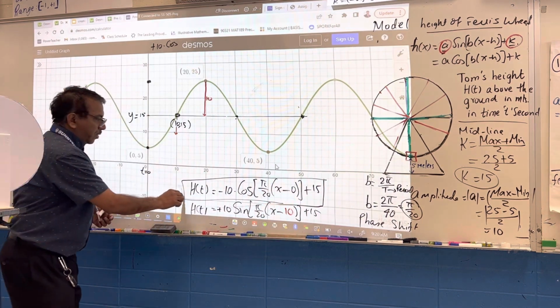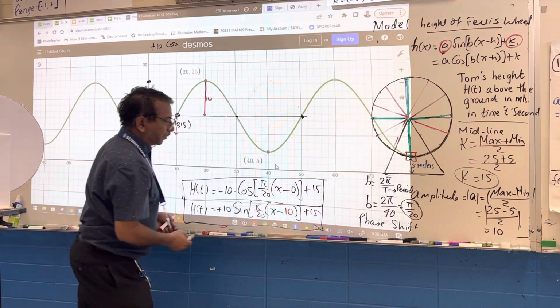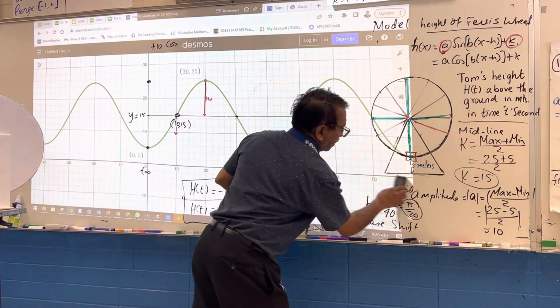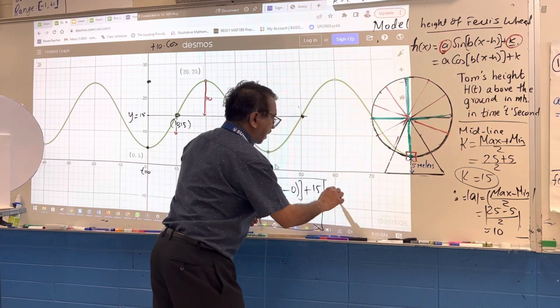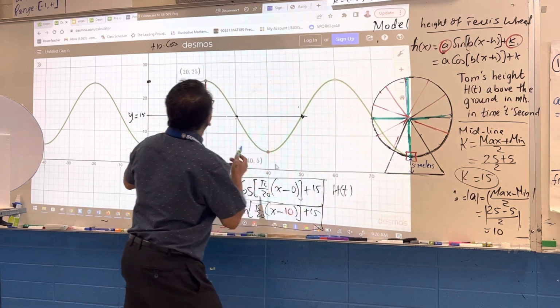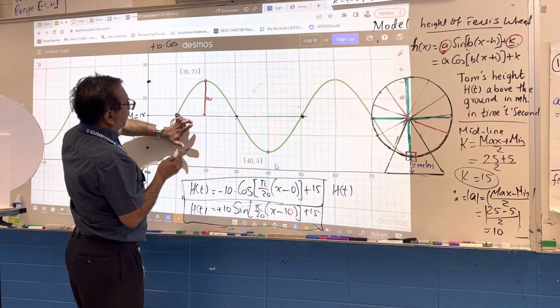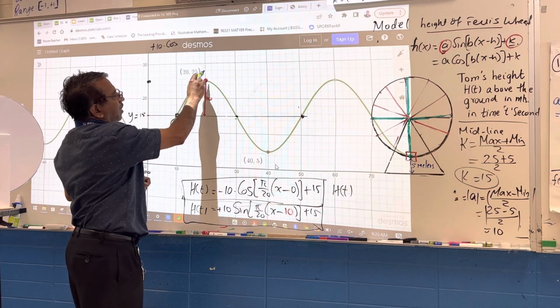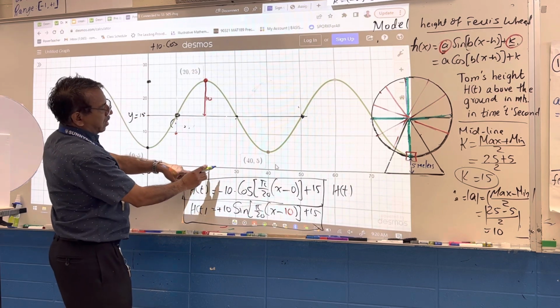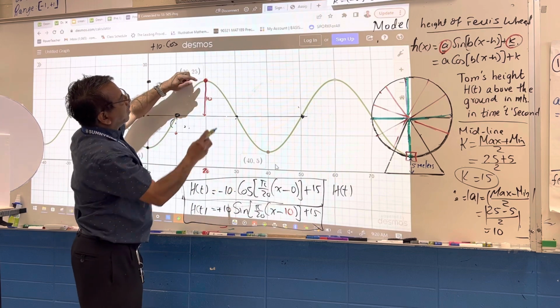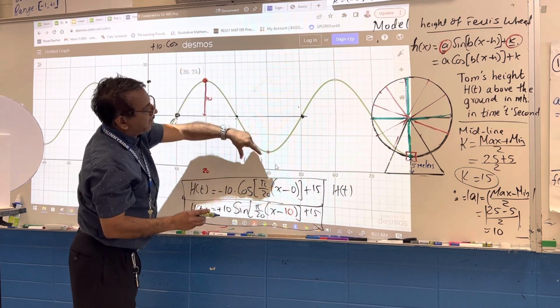Or we could have another equation, that's the last one. We could also write h(t) equals, what if instead of beginning from this point, you start from this point, and that is at 20. So this is like a cosine graph, starting from top down.